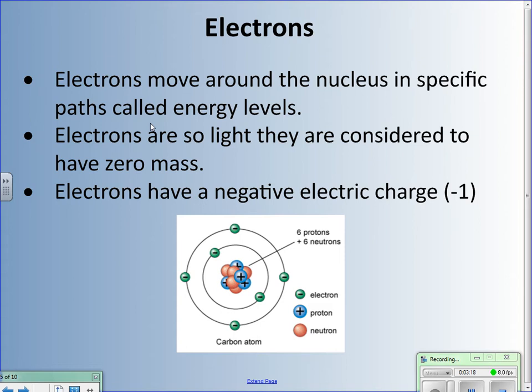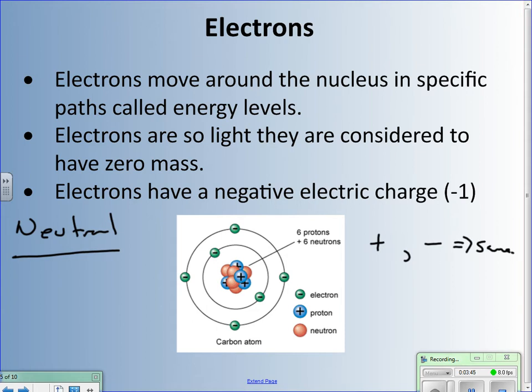Electrons. Electrons move around the nucleus in paths called energy levels. Electrons have a near zero mass, and they have a negative electric charge. And in order for an atom to be neutral, really the positives and the negatives have to be the same.